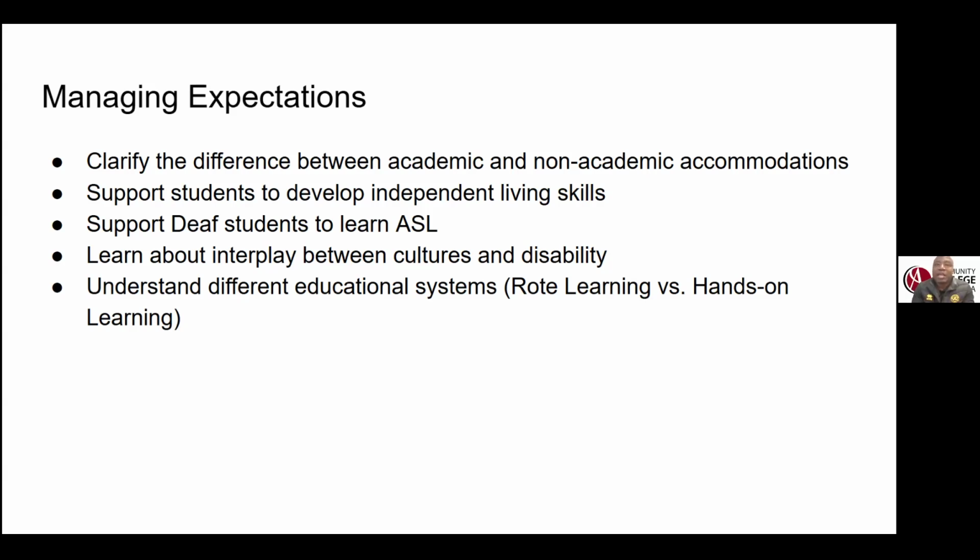But anything that is personal, like having someone to go to class with you, someone who might need to transfer you from a wheelchair, we should explain to them that accommodations do not cover this, because a lot of this comes with a lot of cost. We want to enlighten them. These are the things that accommodation covers, and what is academic and what is not academic, so that they can prepare themselves. And also support students to develop independent living skills.